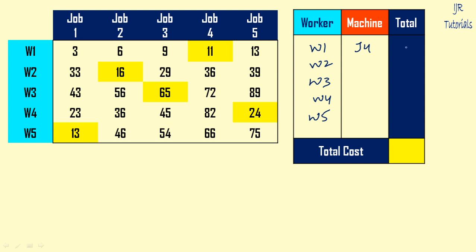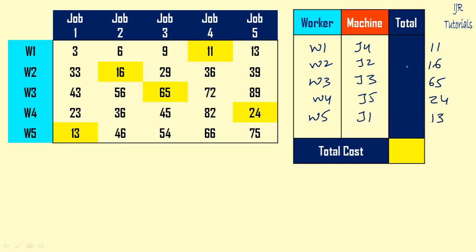It is 11. And W2, job 2, it is 16. W3 is job 3, 65. W4, job 5, is 24. W5, job 1, is 13.